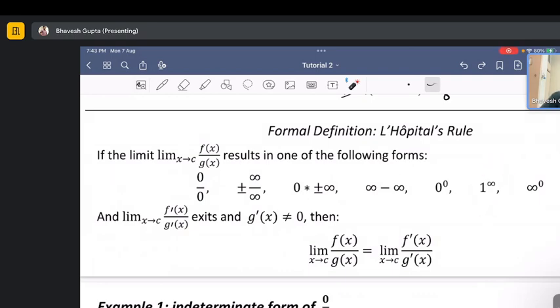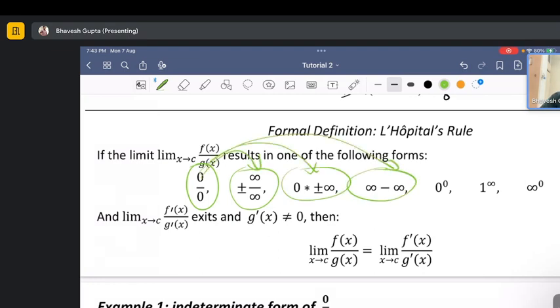And the important note I want to clarify is that you can convert your problem from this form to other forms. Let's say you are good at dealing with problems of this kind of form.